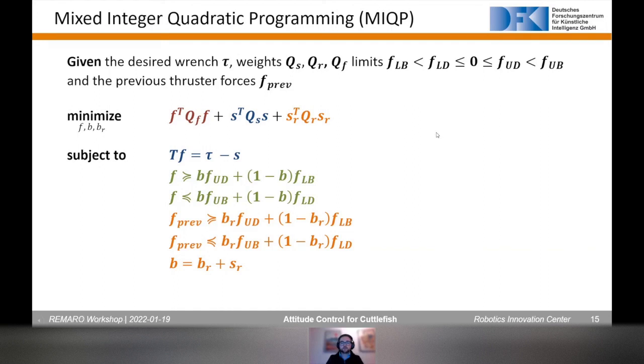So that is one thing that we implemented here. This is no longer standard quadratic programming, but it can be formulated as a mixed integer quadratic programming, and the mixed integer comes in with these binary decision variables.